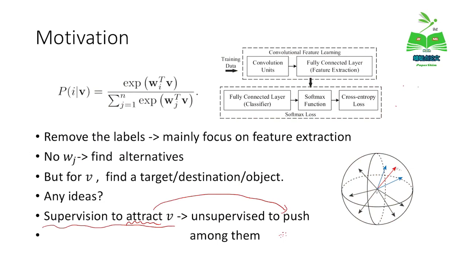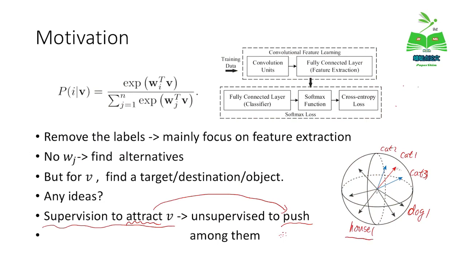For example, this is cat 1, but we don't have the label, and we have cat 2, cat 3, and dog 1, and maybe this is a house 1. If we use the push, of course, it's very easy to push the house far away from cat 1.